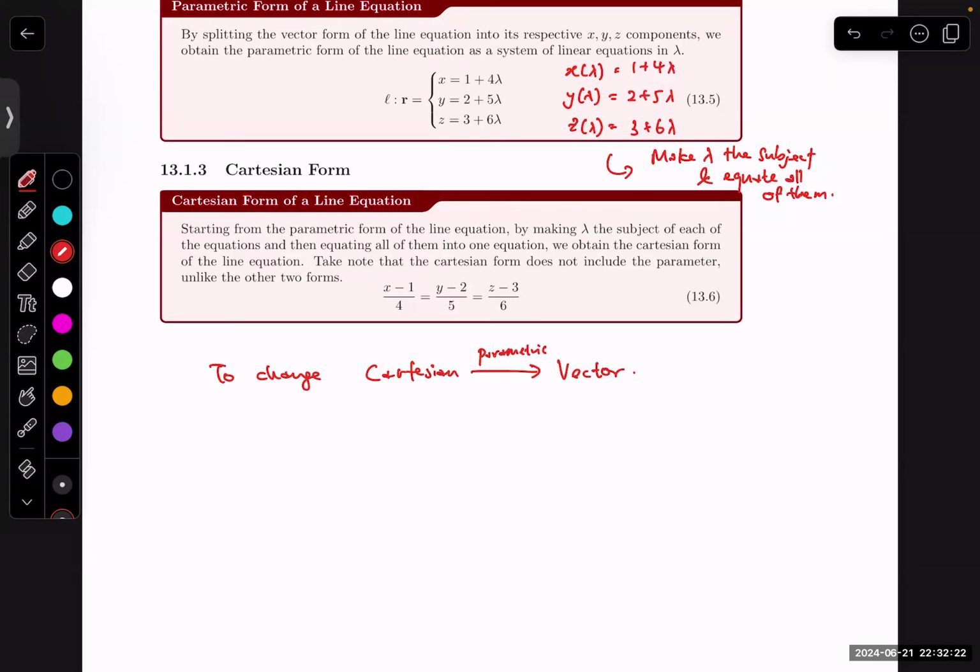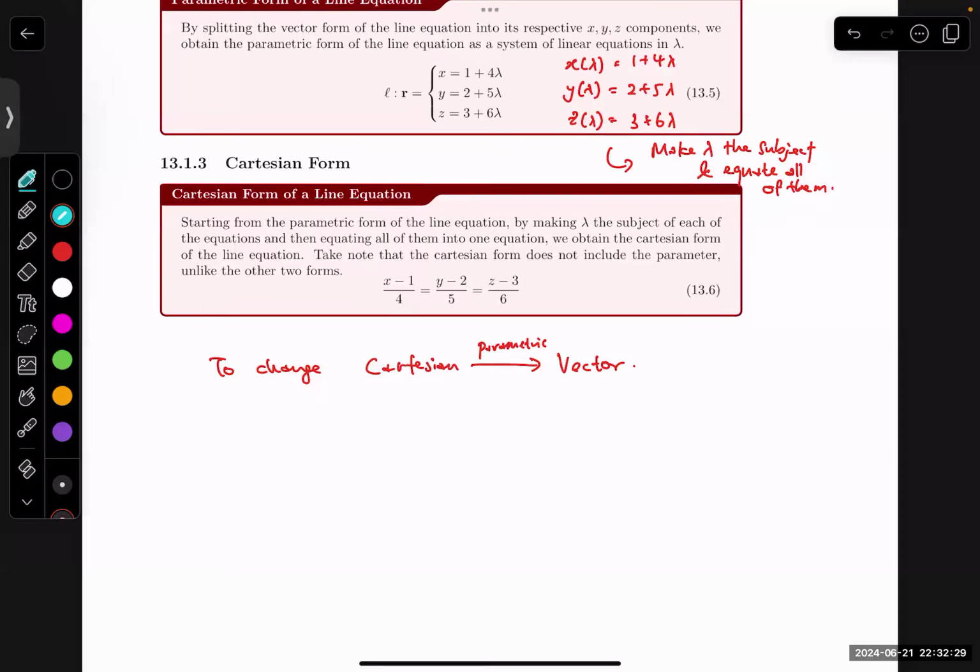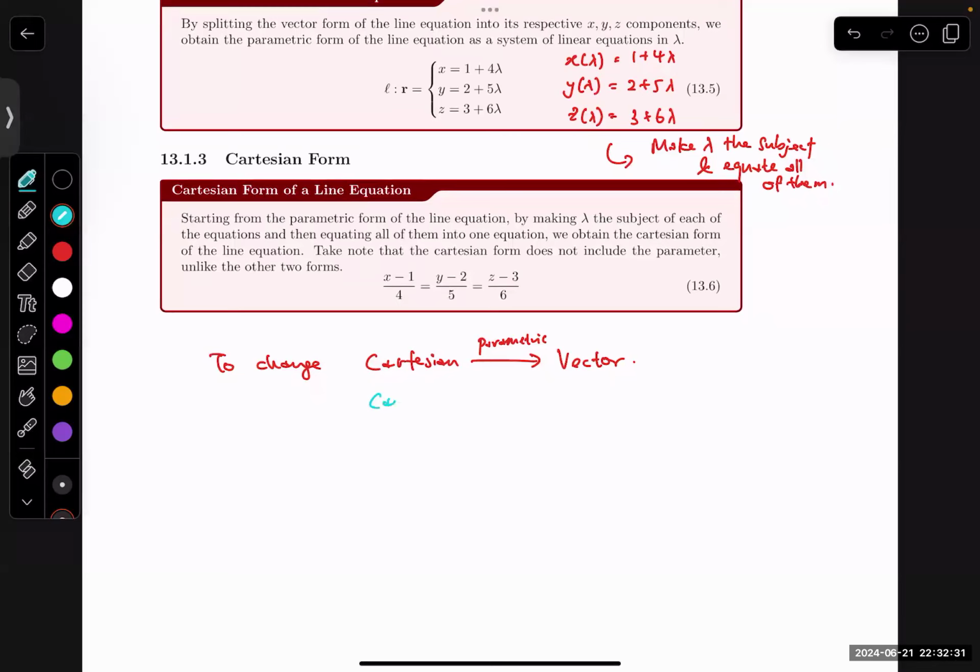I just want to point out here, it's quite similar to how in complex numbers we see things like Cartesian form, then we use our trigo form to turn it into the exponential form. So it's quite similar.